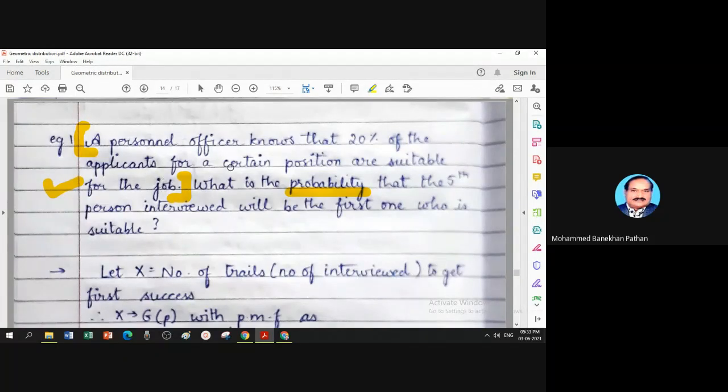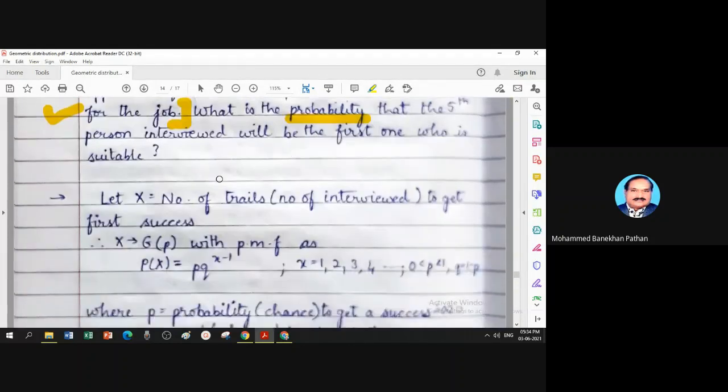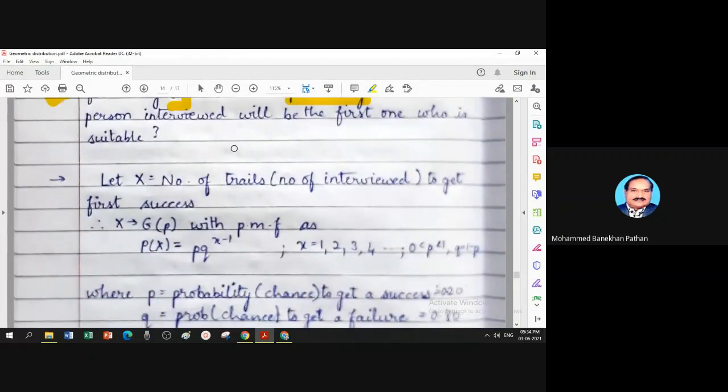So if you search 100 people, then out of 100, on average, 20 persons are suitable for the job. That is the given information. So this is nothing but your chance of getting a success in the survey. So I will apply geometric to solve such a problem.